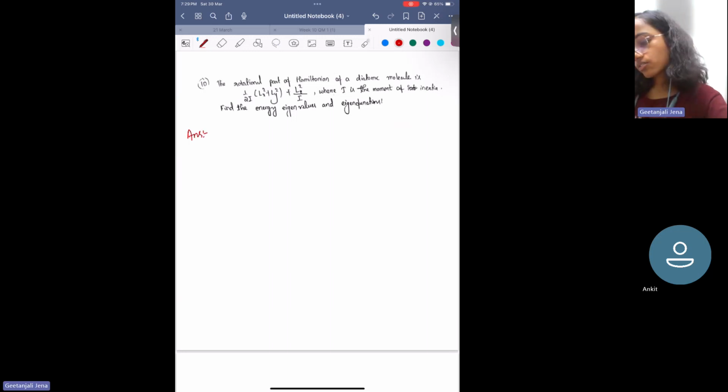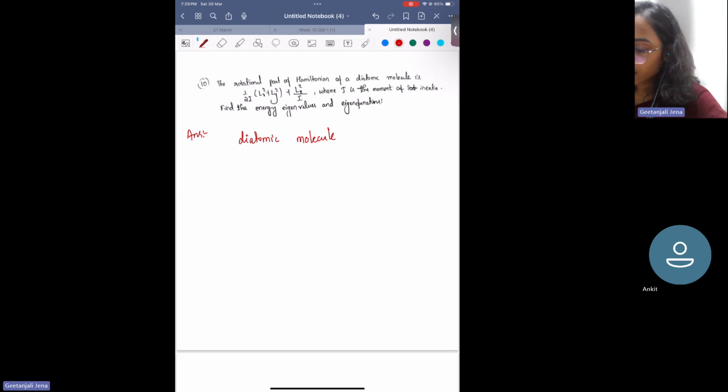The next question is based on rotational angular momentum. It is given that the rotational part of the Hamiltonian of a diatomic molecule is H = (Lx² + Ly² + Lz²)/2I, where I is the moment of inertia.